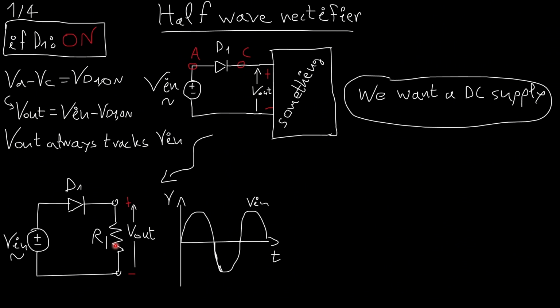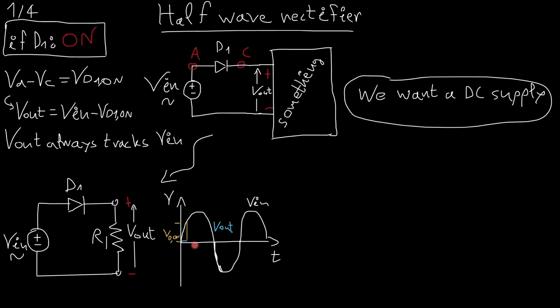Well, if I draw the input here and I draw the output signal, I'm going to get this. At the beginning, the input signal is going to be small, so the output is not going to track anything. The diode will be off and the output is going to be 0.